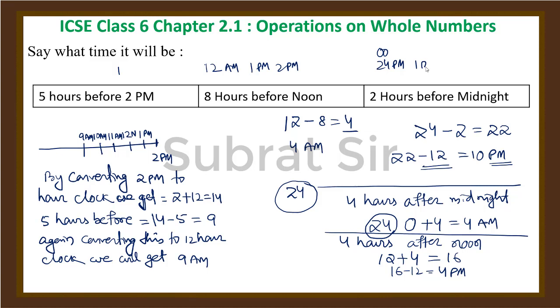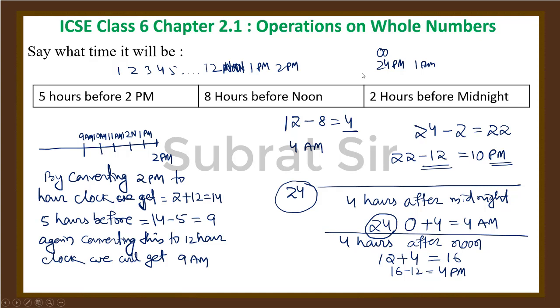Then again 1 a.m., 2 a.m., 3 a.m., 4 a.m., 5 a.m., like this up to 11 a.m., then 12 noon, then 1 p.m., 2 p.m., 3 p.m., 4 p.m., like this up to 24 or 00 midnight.